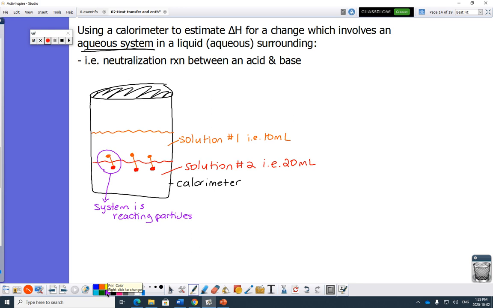And it makes sense. If you put two solutions together and mix them, now the whole amount of volume has particles reacting. It's not like you stick your thermometer in solution 1 and then down. That's not how it works, right? We mix it together. So we want the temperature of the whole amount.